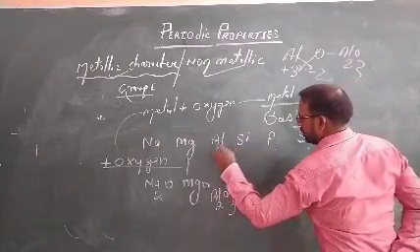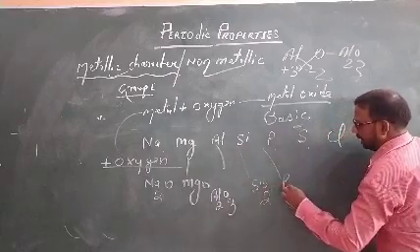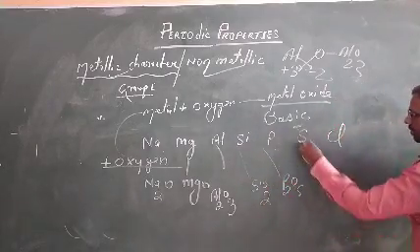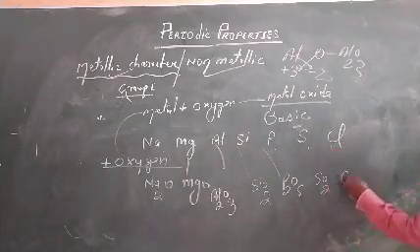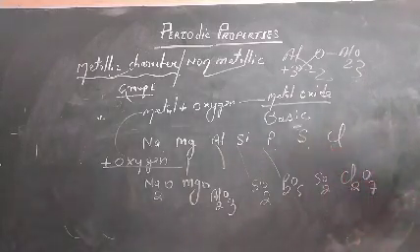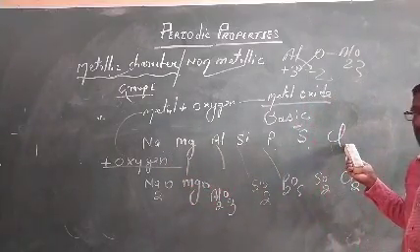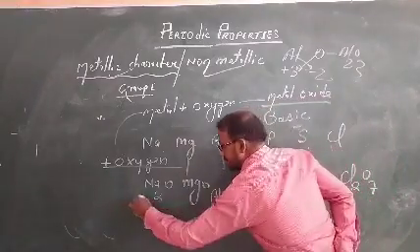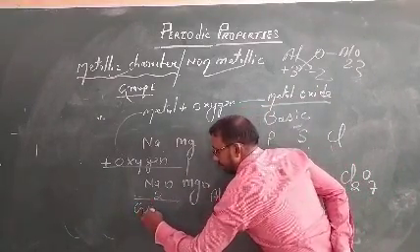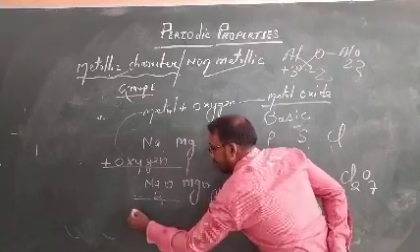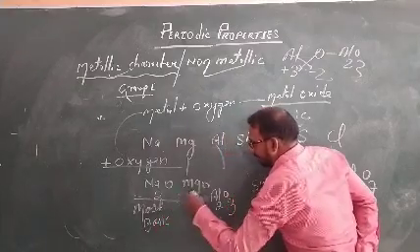In the case of silicon, SiO2; phosphorus, P2O5; sulfur, SO2; and chlorine, Cl2O7. These are the oxides of these elements as we move along the period. You can see Na2O is the most basic; it is simply basic.